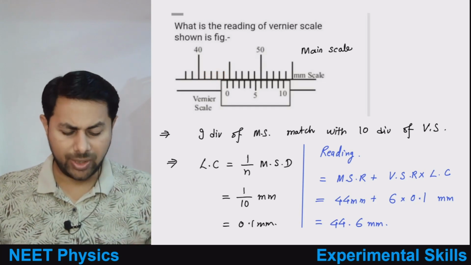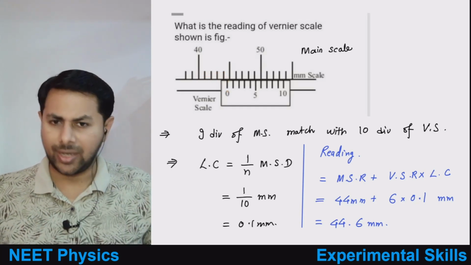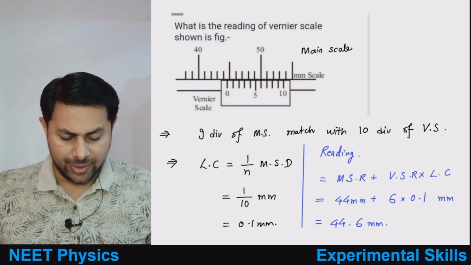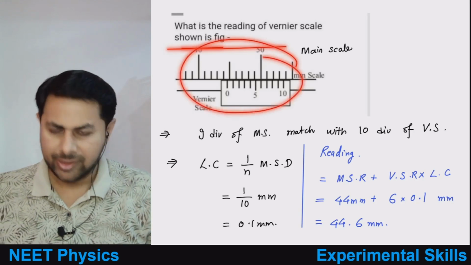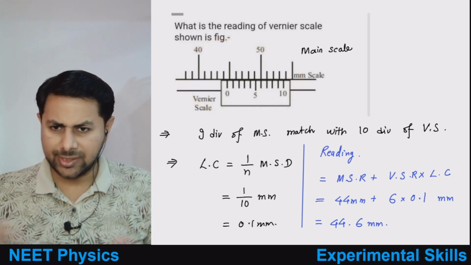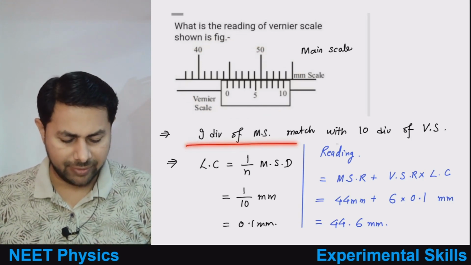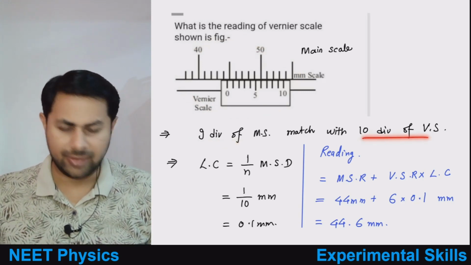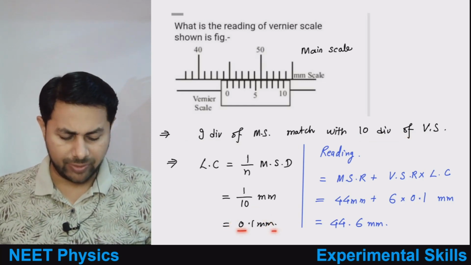It is 44 mm, and the 0 of the vernier scale comes after that 44 mm, right? And suppose for this specific vernier scale, the least count is the same as what we calculated. Okay, 9 divisions of main scale match with 10 divisions of vernier scale. So least count would be equal to 0.1 mm.